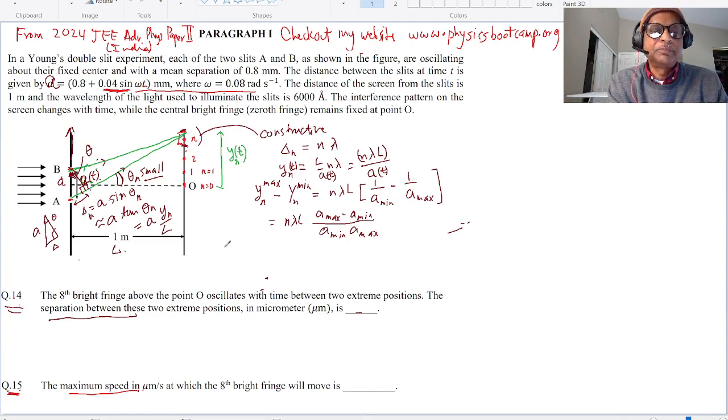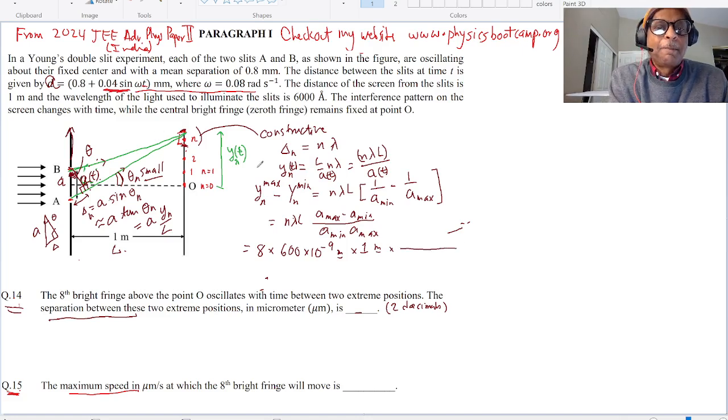So let's do decimal. n is 8, so the answer will be 8, and we've got to keep the units. Lambda is 6,000 angstrom, so that will be 600 nanometers, 10 to the minus 9 meter. Then L is 1 meter.